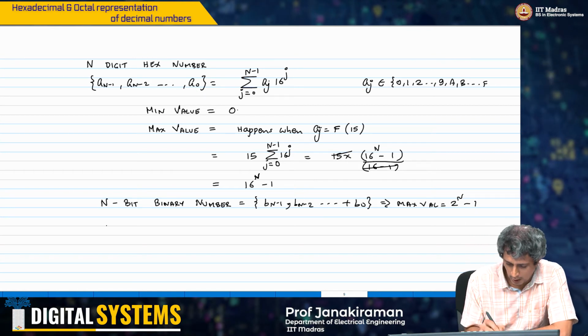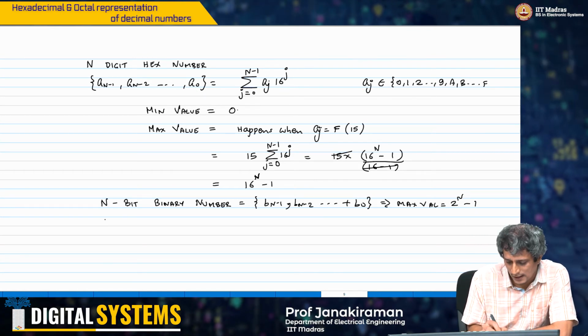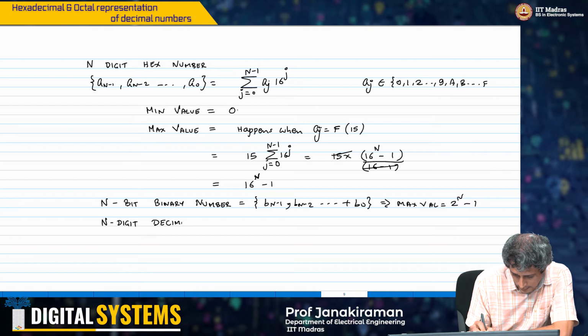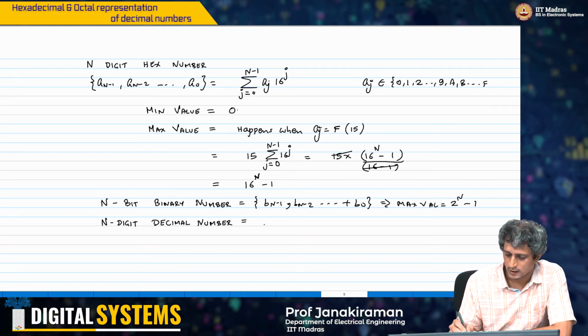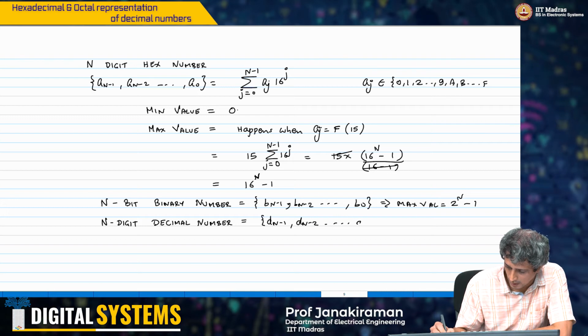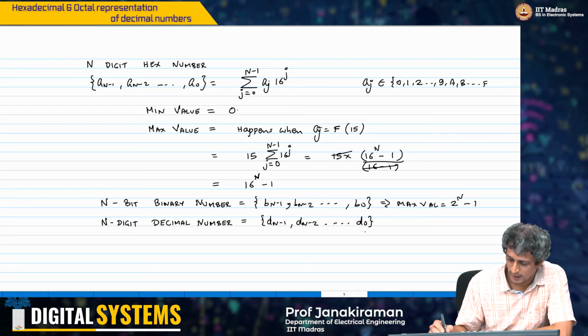Now look at an n-digit decimal number, d(n-1), d(n-2), all the way to d0.